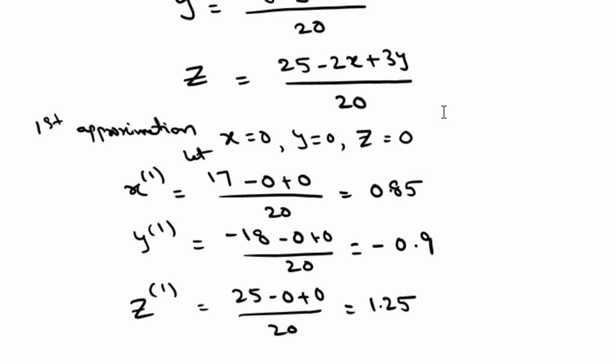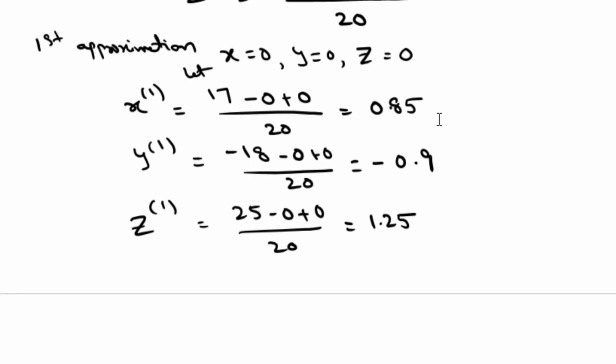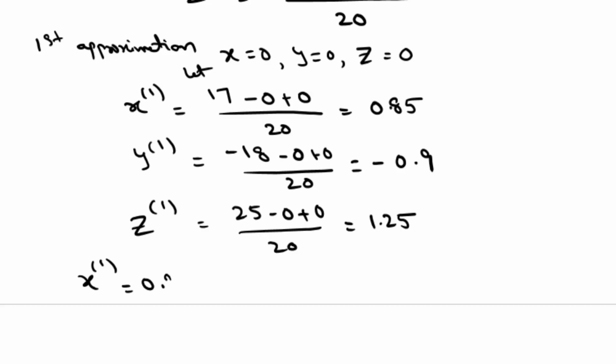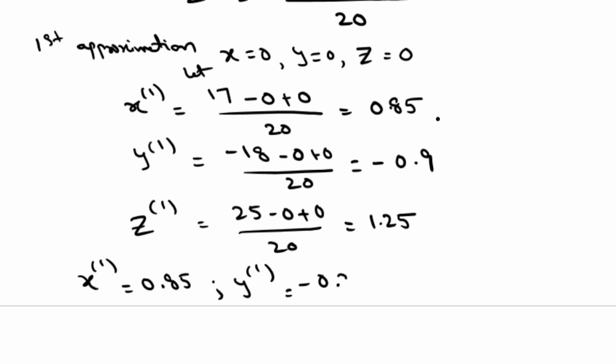The values in the first iteration are x of 1 is equals to 0.85, y of 1 is minus 0.9, and z of 1, first iteration, first approximation, 1.25.